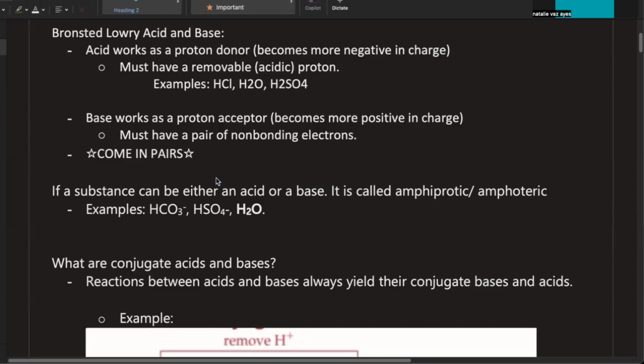You're going to get another H, so it becomes more positive in charge. They also must have a pair of non-bonding electrons. And when you think about Bronsted-Lowry acids and bases, you always want to think that they come in pairs. So a Bronsted-Lowry acid must be paired with a Bronsted-Lowry base.